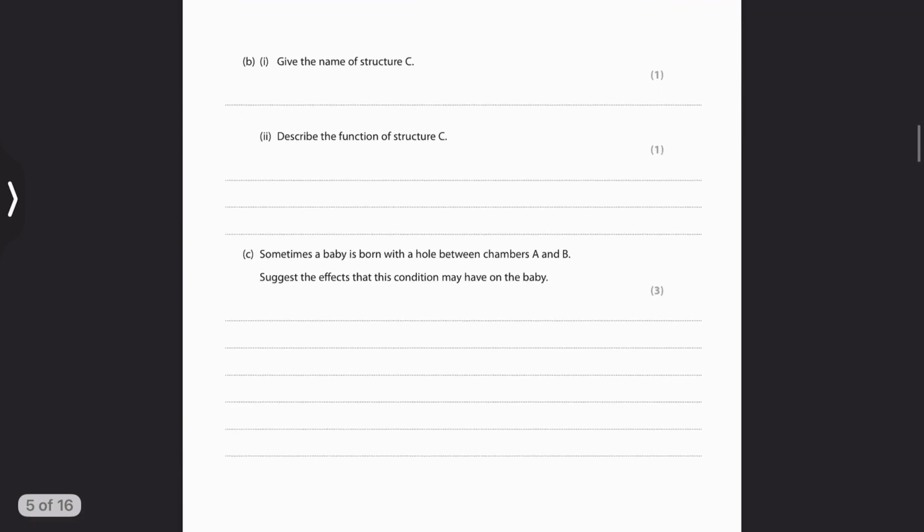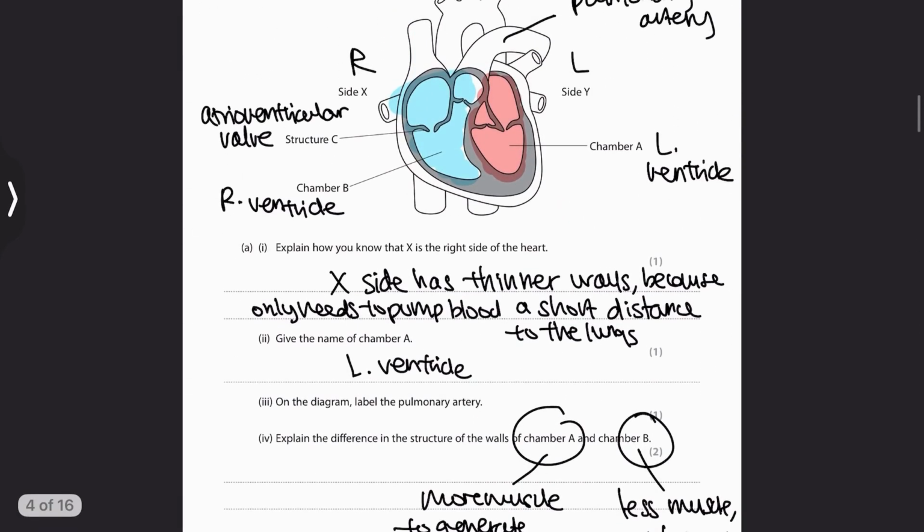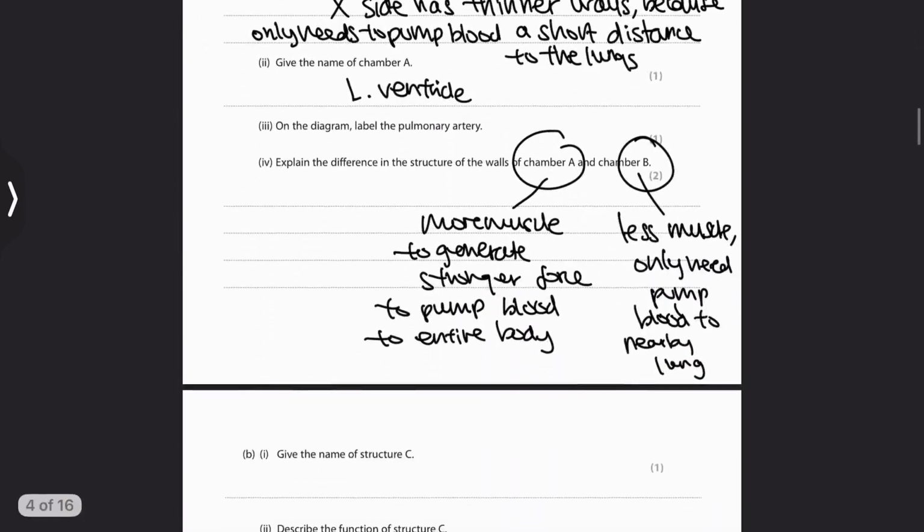And then the next question says, give the name of structure C and then describe the function of structure C. So structure C is this here. The name is atrioventricular valve. And then the function is, like I said, key word for valve is keep blood flowing in one direction, or in other words, prevent backflow of blood.